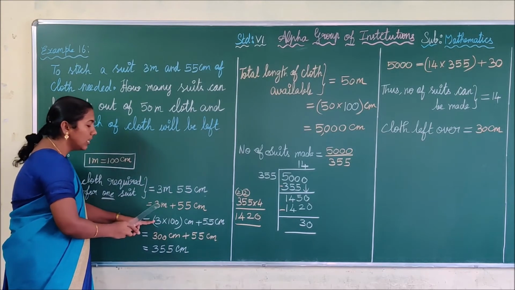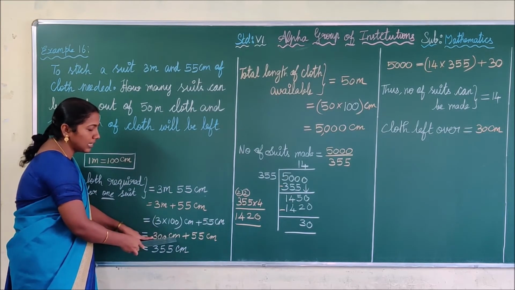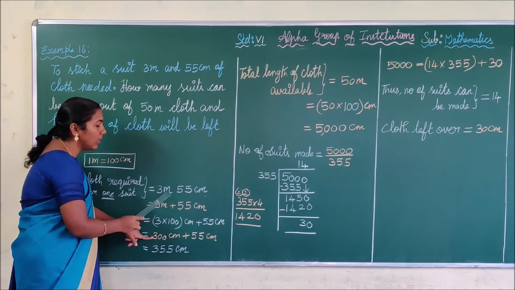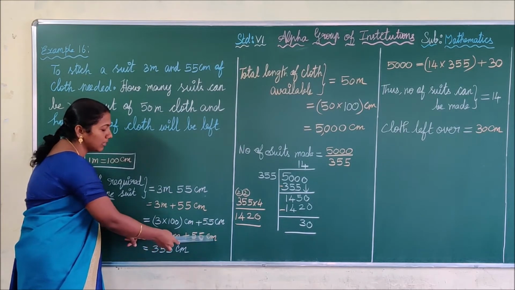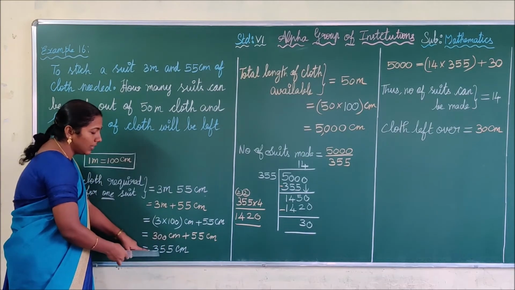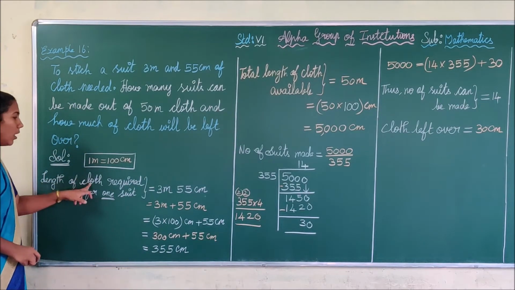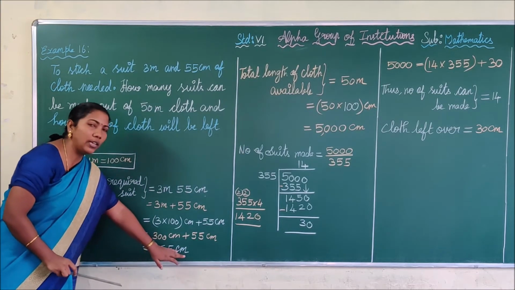Children, 3 into 100 we get 300, and write the unit as centimeter, plus 55 centimeter. Thus we have converted the 3 meter into 300 centimeter. By adding 55 centimeter along with this, we get 355 centimeter. That is, length of cloth required for one suit is 355 centimeter.